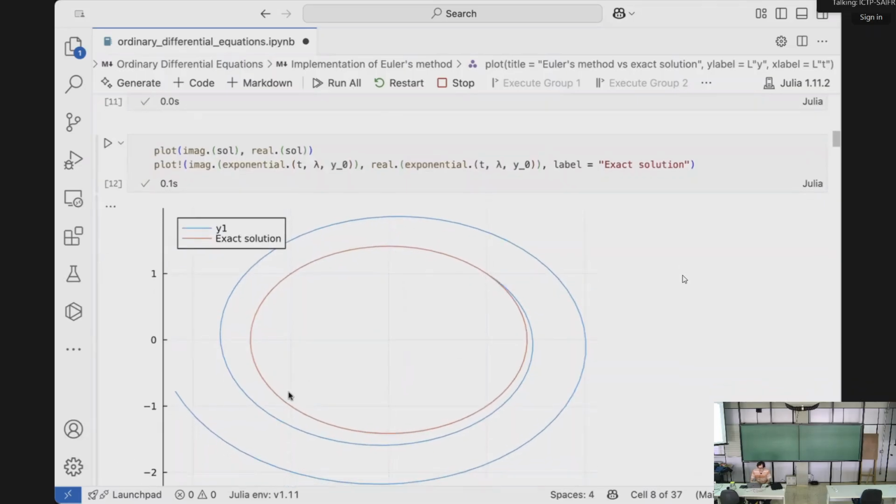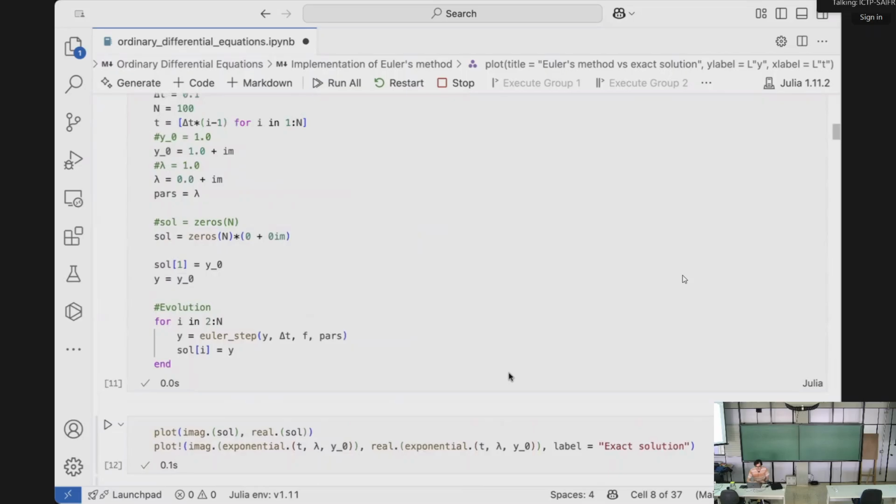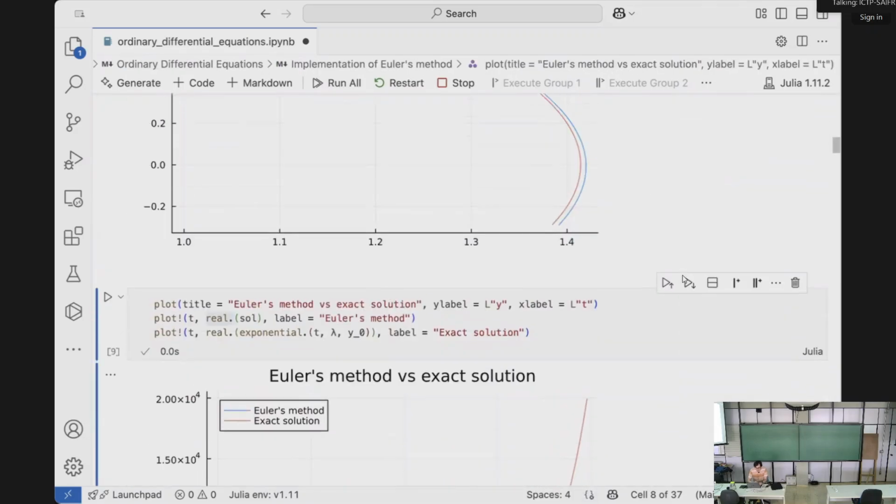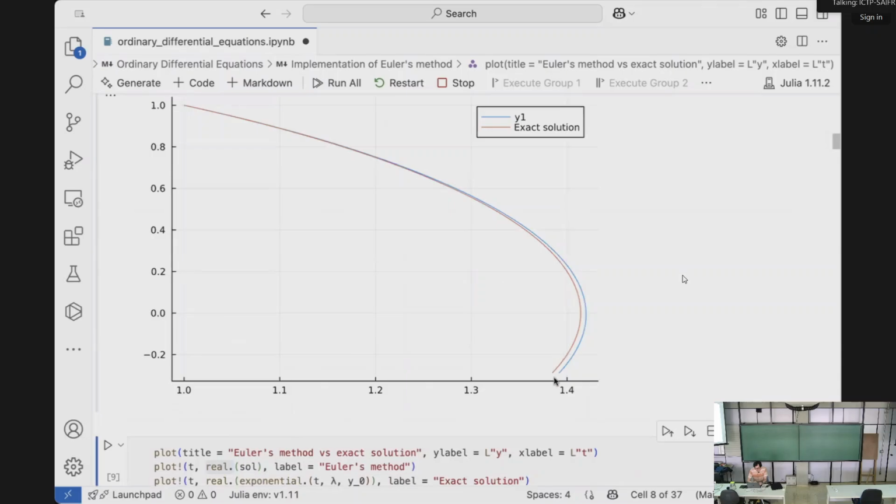And this is, for example, the exact solution. And this is our numerical approximation. So this is kind of not really pointing correctly, the Euler method. If we choose a smaller delta t, then of course we will get closer to the real solution, but still we are kind of getting away.